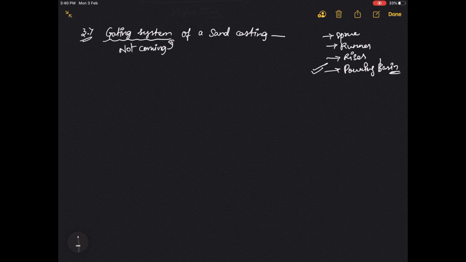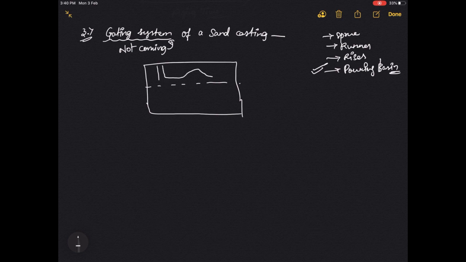Why? Because if you see the mold, if you take the cope and the drag parts, first of all I'll draw something and then I'll explain. Suppose this is my sand casting: the upper part is called the cope, this is the drag.